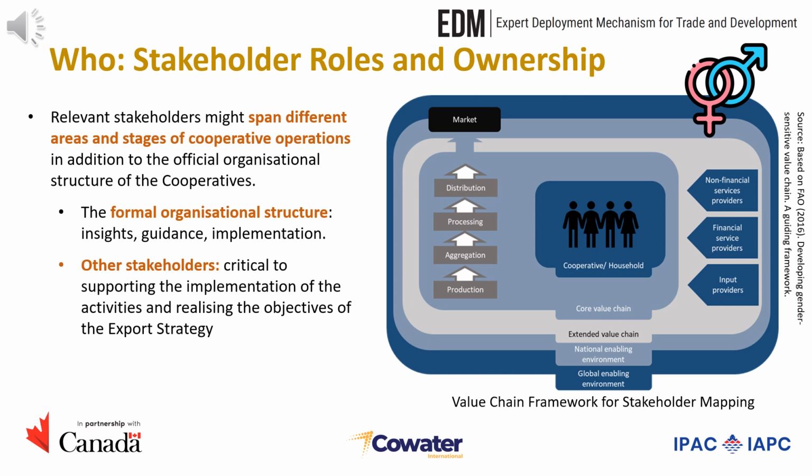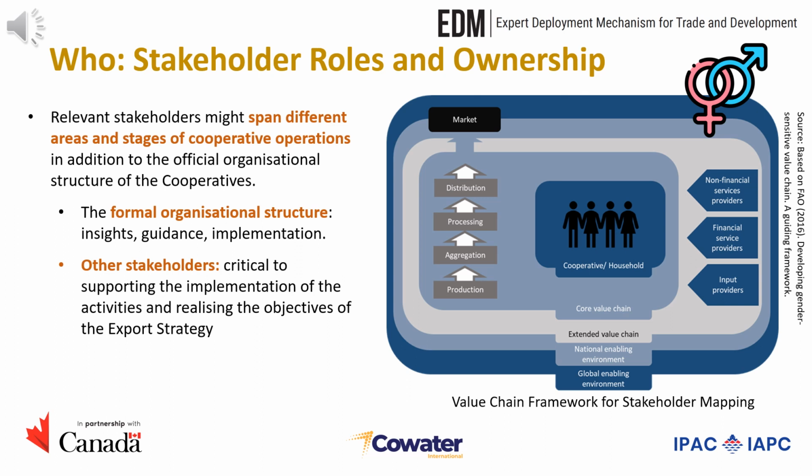In this task, the value chain framework for stakeholder mapping, developed by the Food and Agriculture Organization, is helpful in identifying all the relevant stakeholders in the different segments of the value chain, including not only the producers but also all upstream and downstream services providers and supporting agencies.